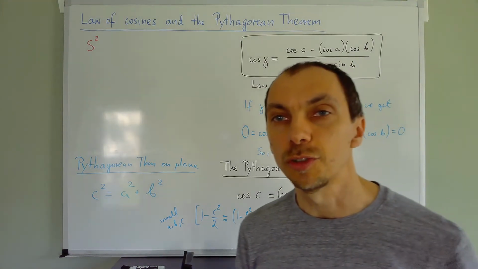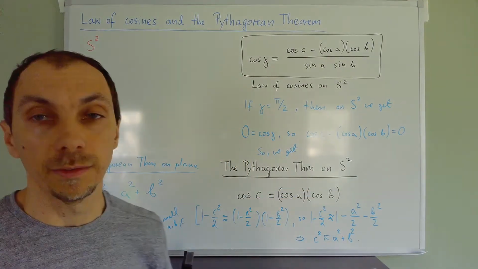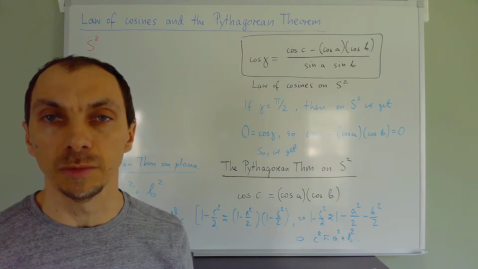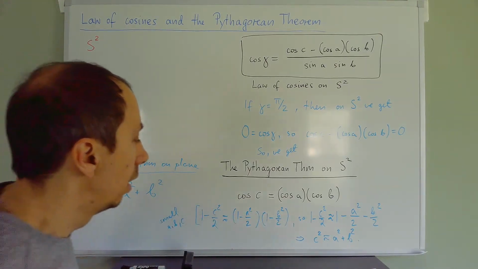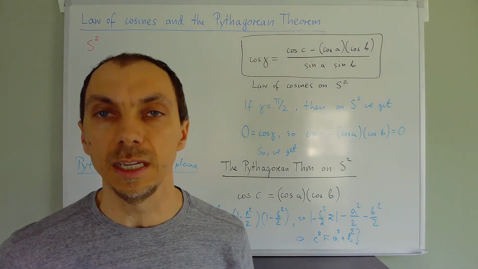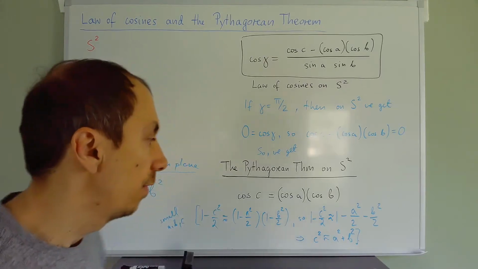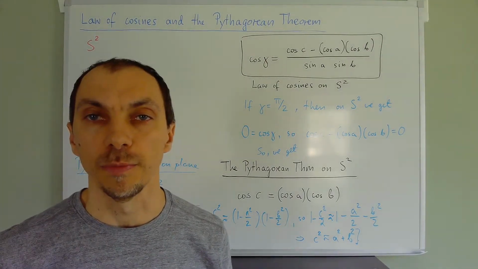It's kind of interesting that this law, the Pythagorean theorem on the sphere, which looks very different from the Pythagorean theorem on the plane, actually is not that far off when you take small a, b, and c and just use approximations to these functions. You actually do easily get back to the planar Pythagorean theorem.